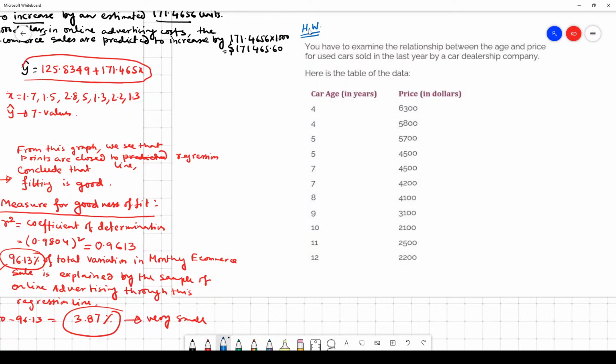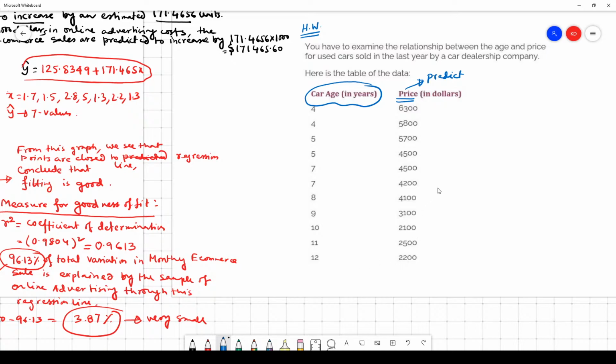Here we have to examine the relationship between the age and price for used cars sold in the last year by a car dealership company. According to the problem, car age is the independent variable and we want to predict price. So price here is the dependent variable.